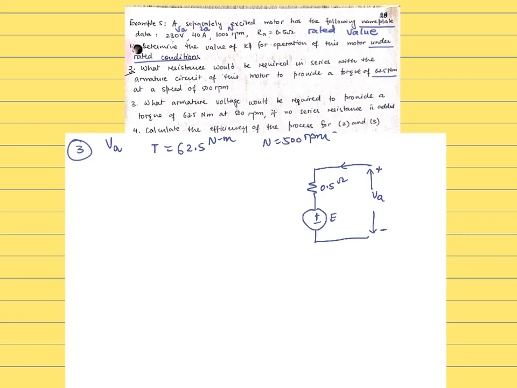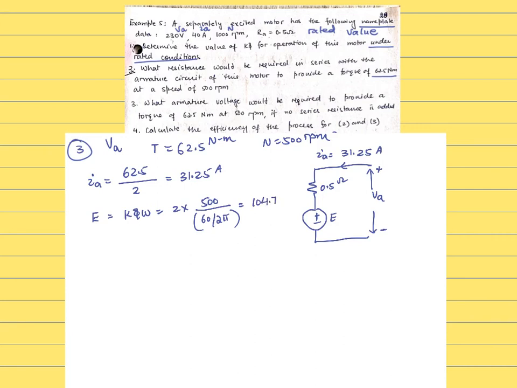We saw from part 2 that IA, calculated as 62.5 over 2 as K phi, gives the current that needs to be drawn by the armature. With that current, we're looking for the value of VA, and E is the same as part 2, K phi omega, which is 2 times 500, which gives 104.72, the exact same value.